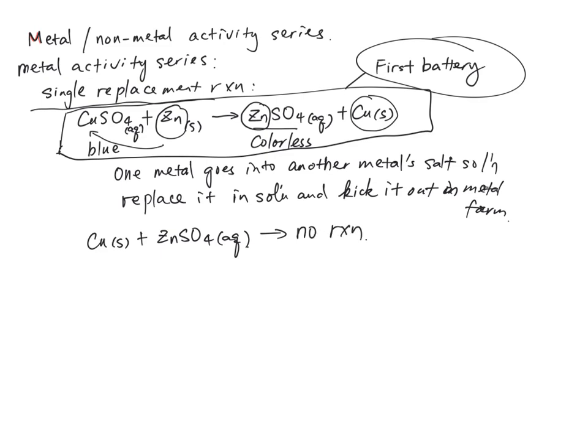You can put that copper into the zinc solution for as long as you want, you will not see a thing. The solution is not going to turn from colorless to blue. You won't see zinc metal accumulate on your copper metal surface. None. Nothing would happen regardless of how much time you put that copper metal into a zinc solution.